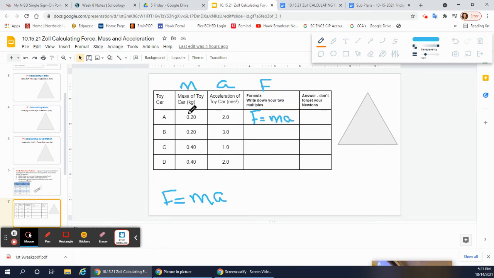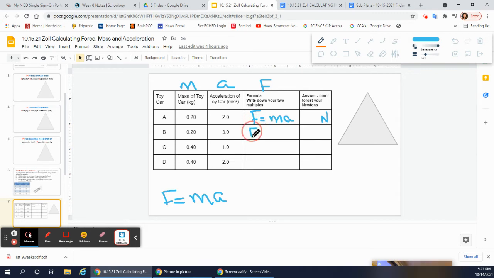So what you're going to do, here's your mass, here's your acceleration. You're going to multiply mass times acceleration to get your applied force, which is measured in newtons. So take your calculator, 0.2 times 2 equals what? Go ahead and fill that in. Okay, so down here on B, we want to calculate our net force here.